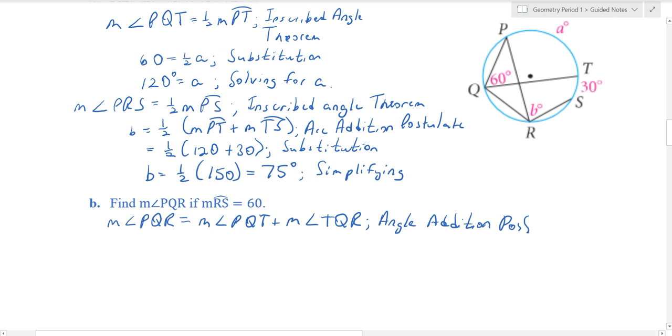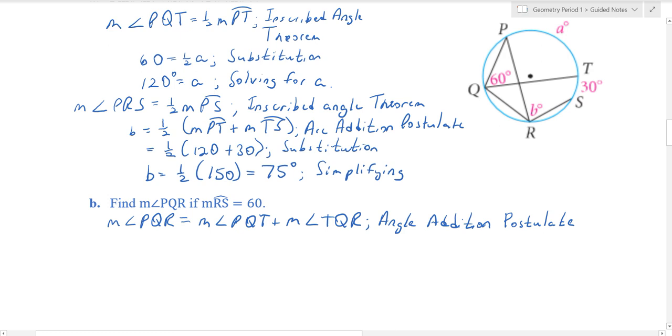Postulate. Because we see that PQR right here is made out of two angles, right?